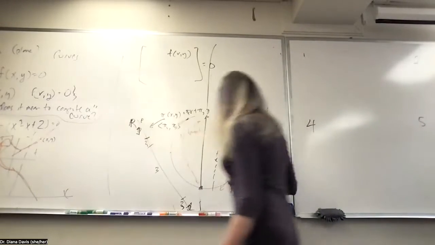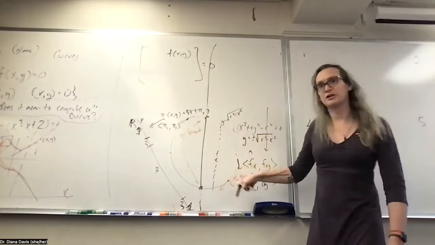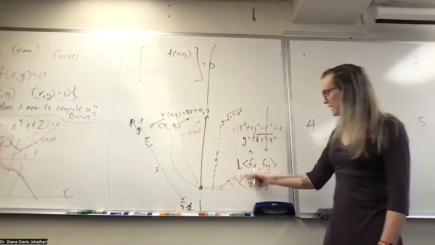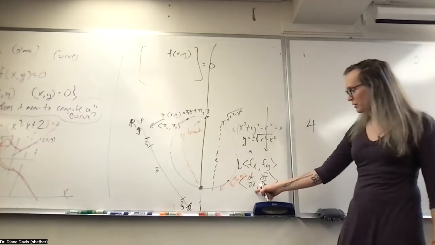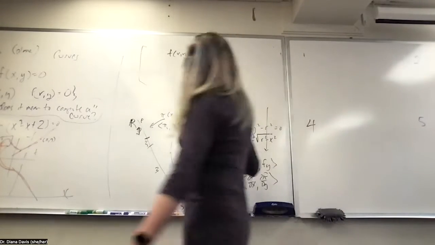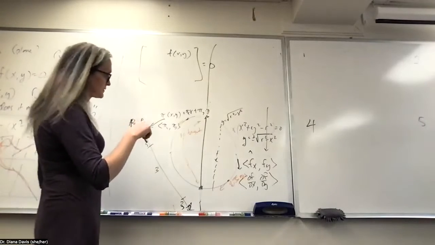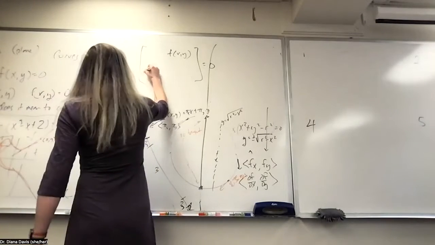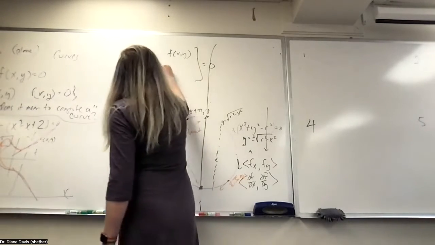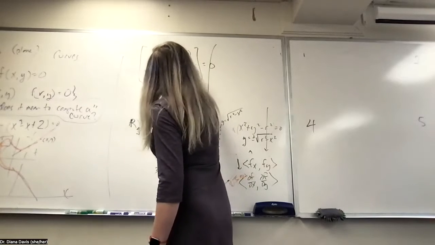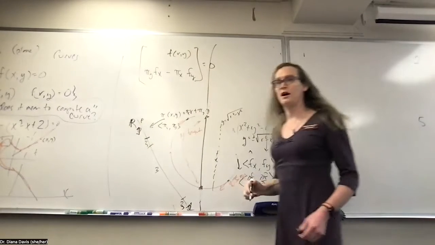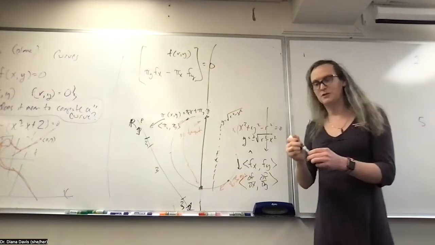So what I'm going to do is take the orthogonal vector out here to the direction of projection and dot product it with my tangent vector, and I'm going to get pi sub y times f sub x minus pi sub x times f sub y. And now I've arrived at a point of bad notation.